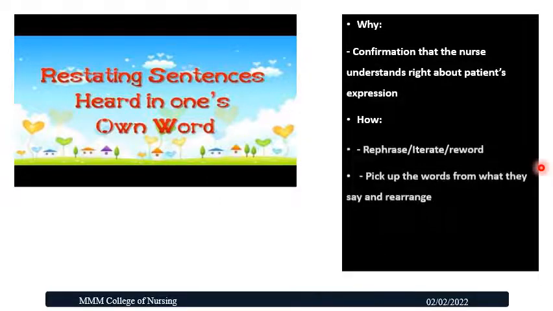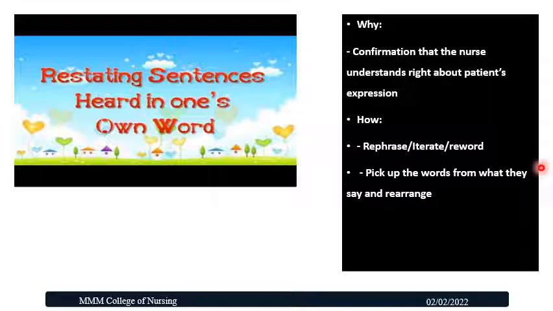How is it practiced? So when the nurse is speaking to the patient, the main thought she wants to restate, she picks up the words from what the patient is saying and she rearranges and puts it forward.